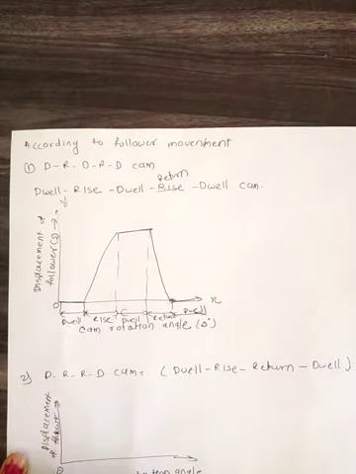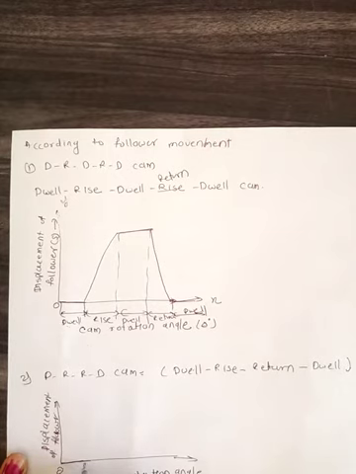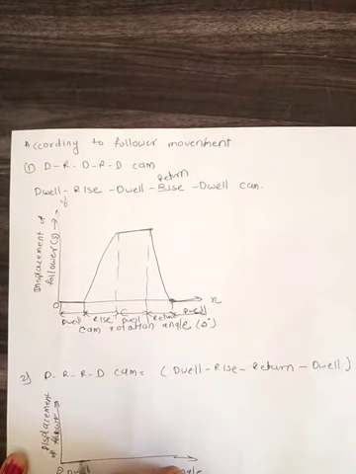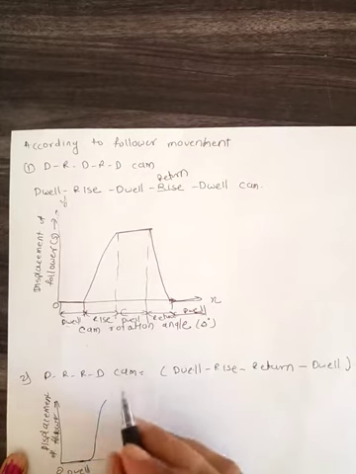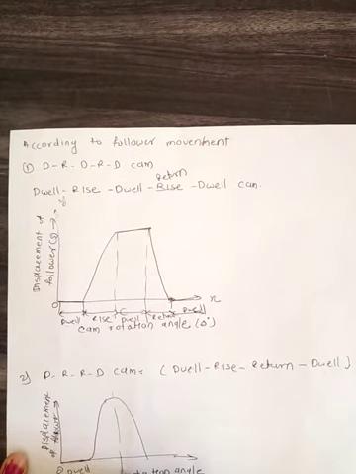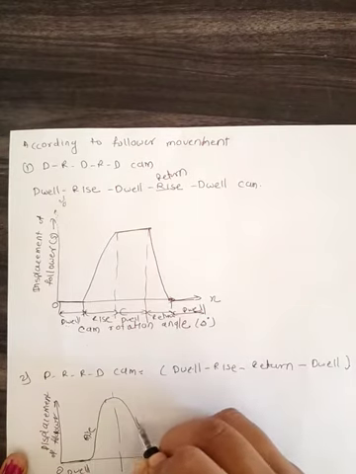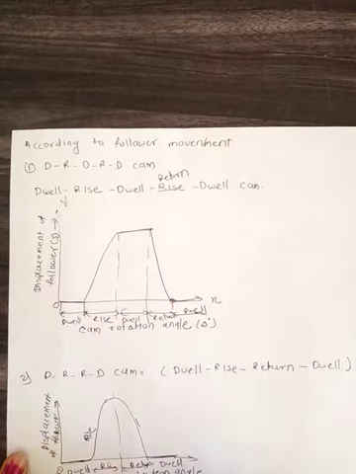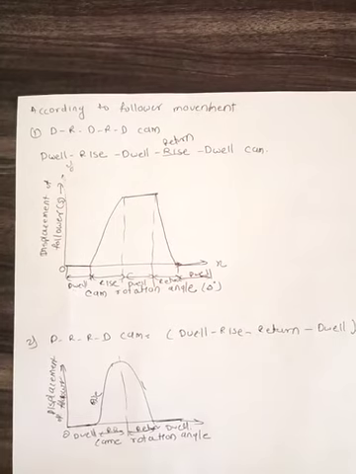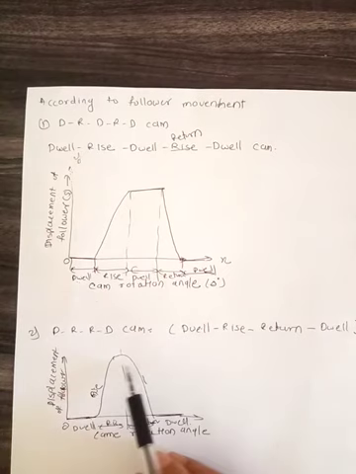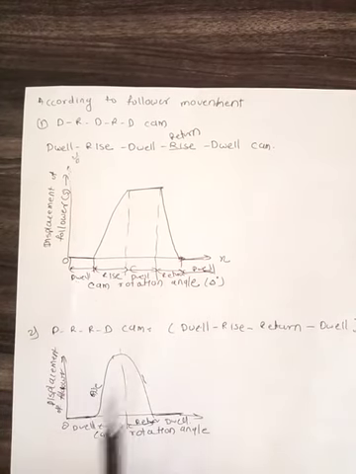This part will be the dwell, then the rise, and this is the return. This is the rise, this is the return, and again dwell. These are the types of the DRRD, meaning dwell, rise, return, dwell cam. This is the diagram for the DRRD cam.